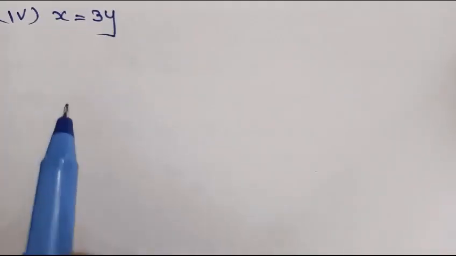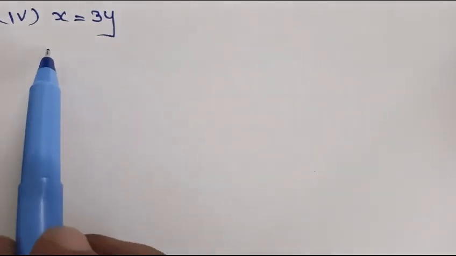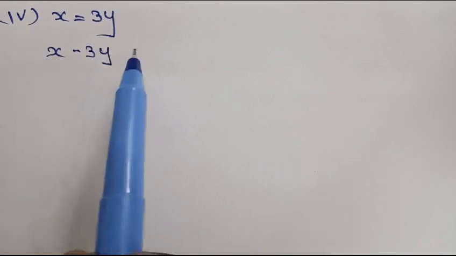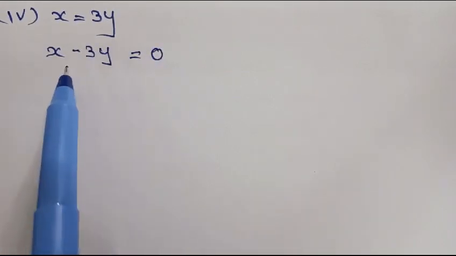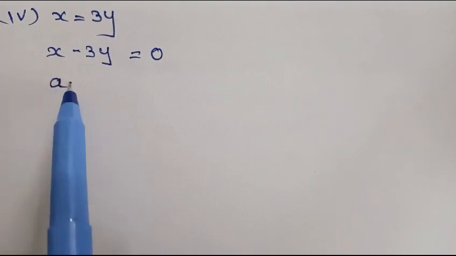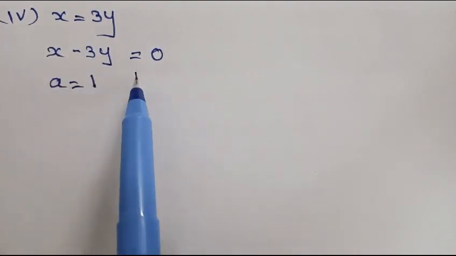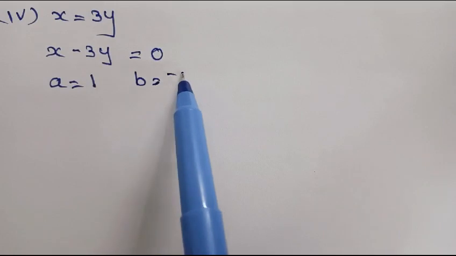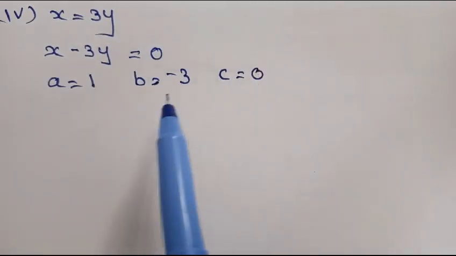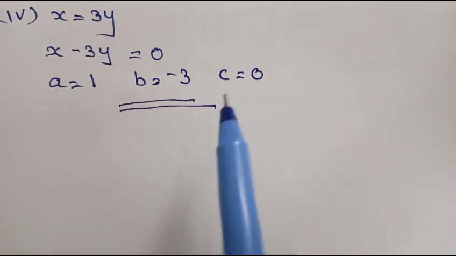Fourth one, x equal to 3y. In standard form it is x minus 3y equal to 0. a, the coefficient of x, is 1. b, the coefficient of y, is minus 3, and c is the constant. The constant term is not there, therefore c equal to 0.